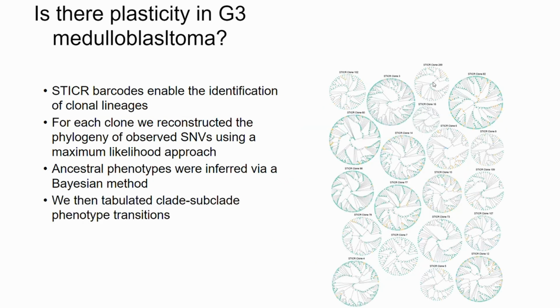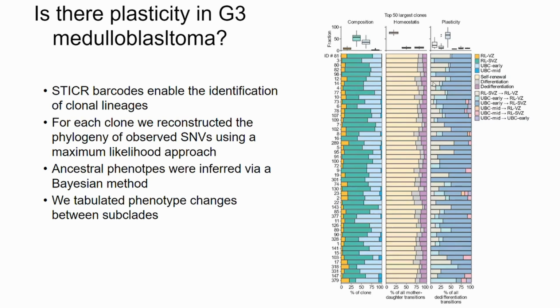We can repeat this for all of the clones we observe, and then construct statistics on that summary, and that's what we've done here. And so this is sort of the baseline model. We now want to perturb it with ionizing radiation, different drug treatments. How do these hierarchies change and adapt once they're challenged with therapy?